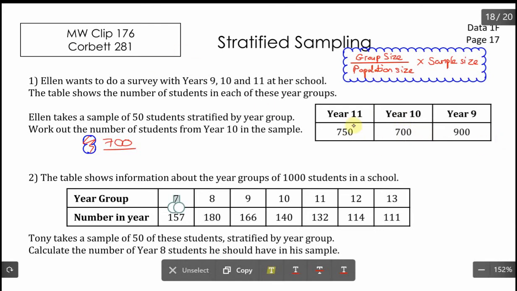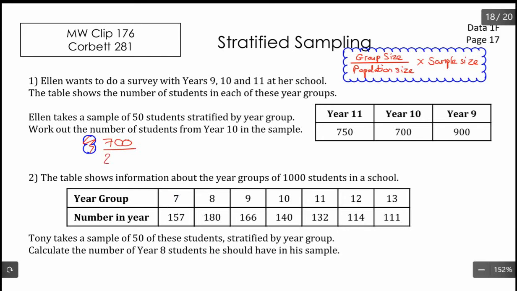Now sometimes it tells you that in the question, but it doesn't here. So 1600, 2350 I think. And then we're going to times by the sample size, which is 50. Okay, what this does when we do this is it finds what proportion out of the overall are year 10s, and then it applies that proportion to the number 50.